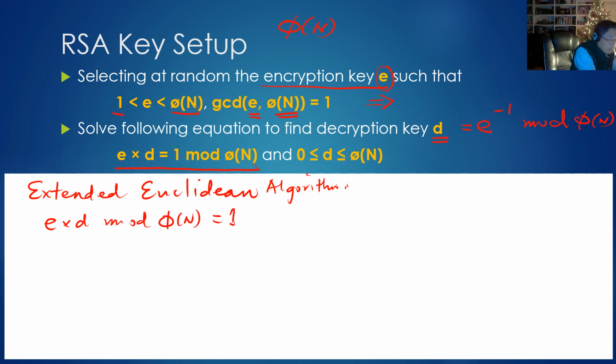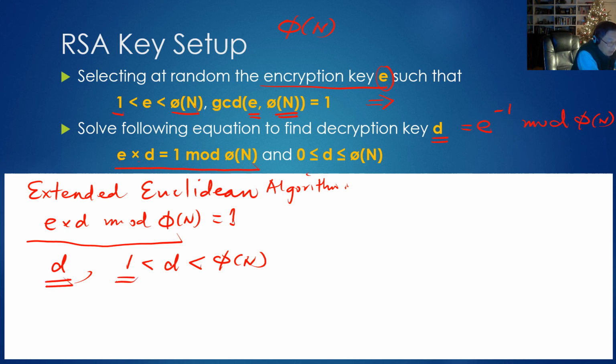Now, one note I want to point out is that when we use the extended Euclidean algorithm, like in the two examples we talked about, we may not be able to find a D in this range. Many times we may find a D which is negative, and a negative D is not in this range.